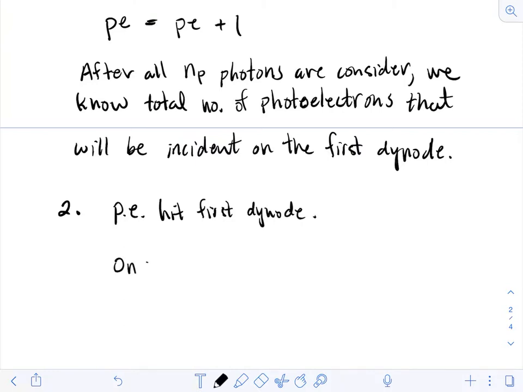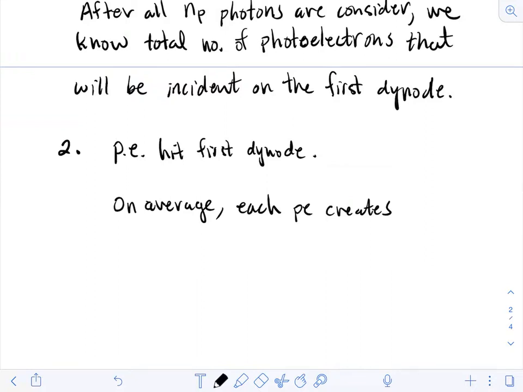On average, maybe we should say each photoelectron creates V1 minus 0 over 20 volts secondary electrons.